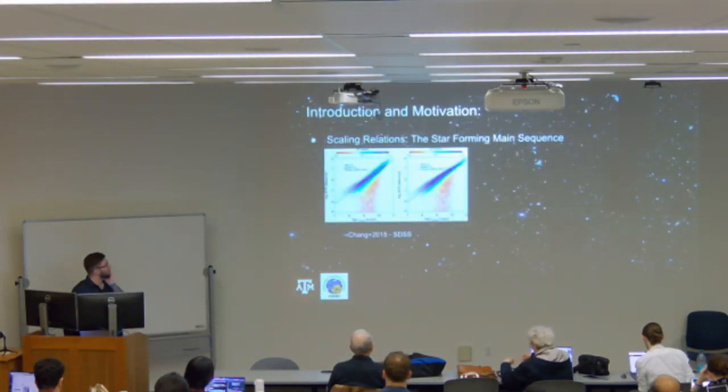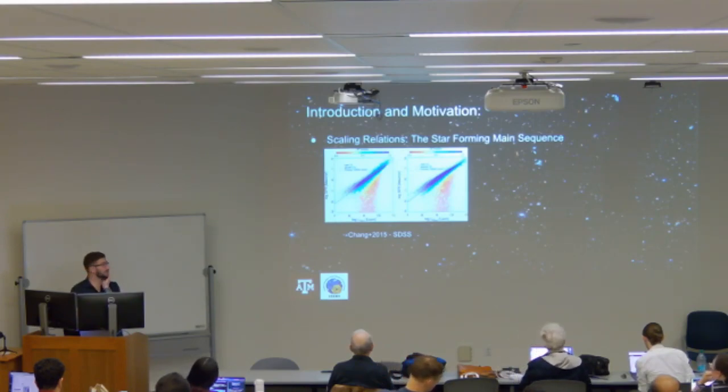So the motivation for this is basically to study scaling relations. As was said before, we love drawing lines on stuff, and we've drawn lines on star formation rate versus luminosity or stellar mass at redshift 0 using millions of galaxies in SDSS.